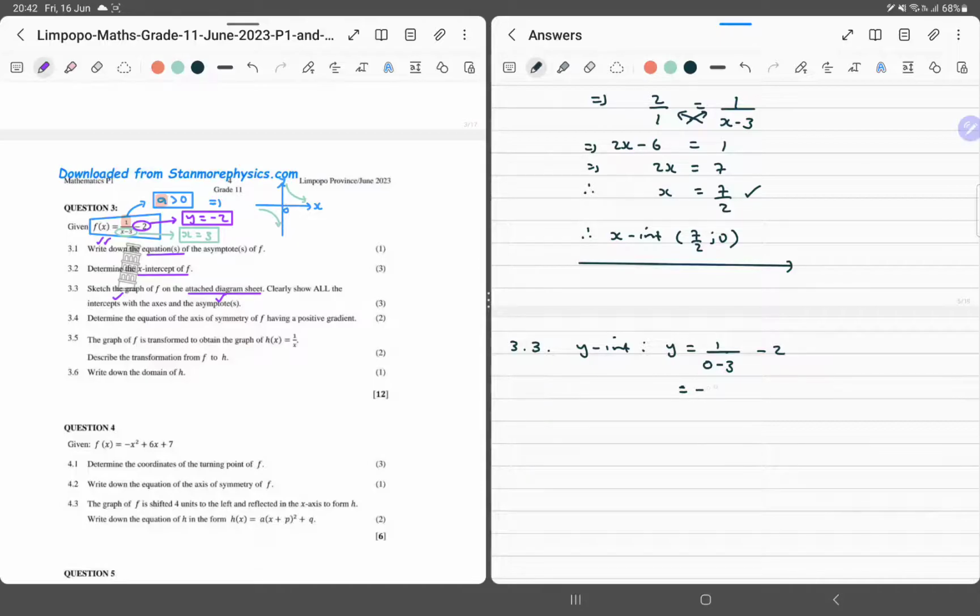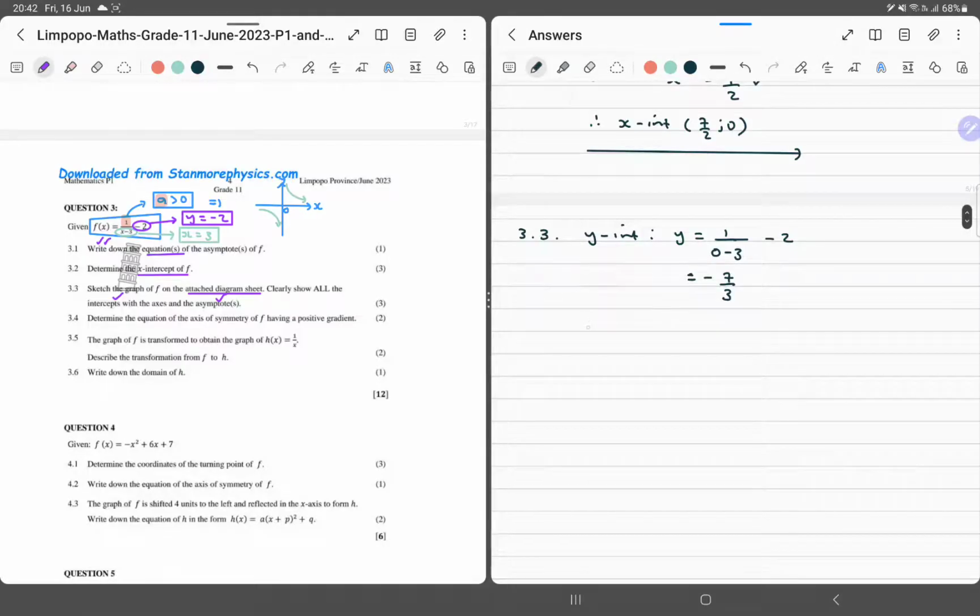So this is going to be minus 7 over 3. All right, not a problem. Now that we have a y-intercept, our y-intercept is 0, minus 7 over 3. That's it. We did need this one.